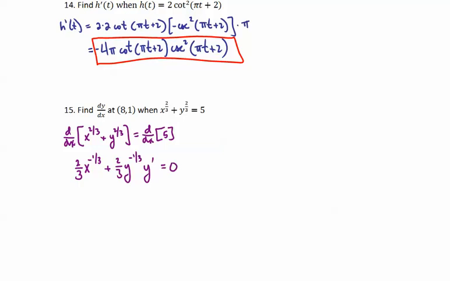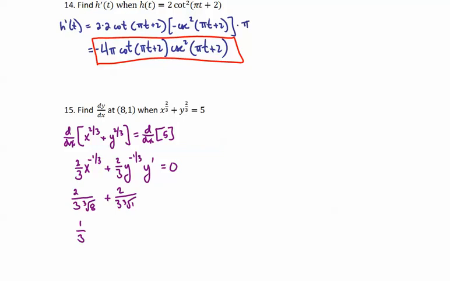So if we wanted to here, we could start plugging in x is equal to 8, y is equal to 1. So 2 over 3 times the cube root of 8. And cube root of 8 is 2, so 2 over 6 is 1/3. Then for y, it's 1, and we get 2 over 3 times the cube root of 1.